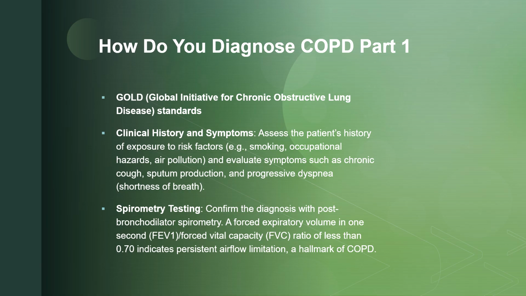Some of the key metrics they look at are the ratio of forced expiratory volume in 1 second, commonly known as FEV1, to forced vital capacity, commonly known as FVC. A post-bronchodilator FEV1/FVC ratio of less than 0.70 confirms persistent airflow limitation.